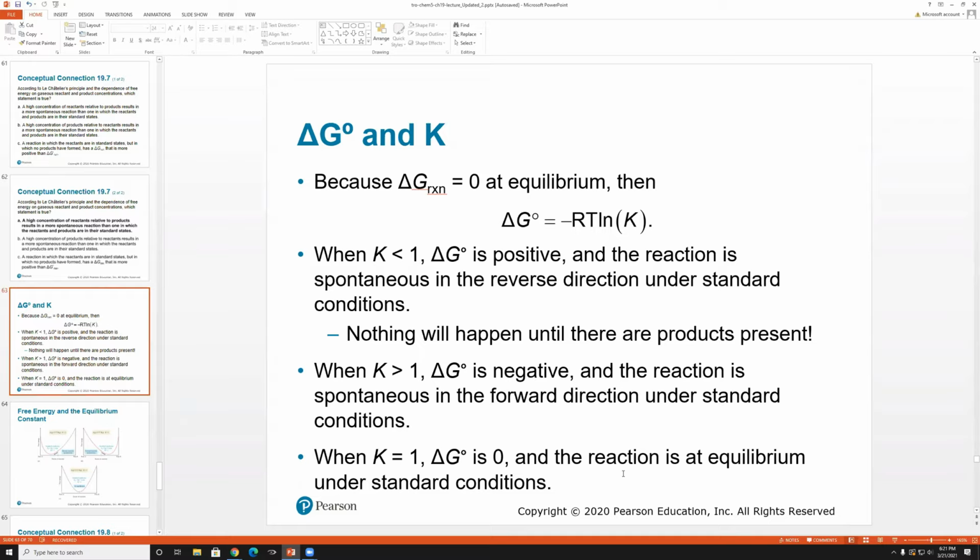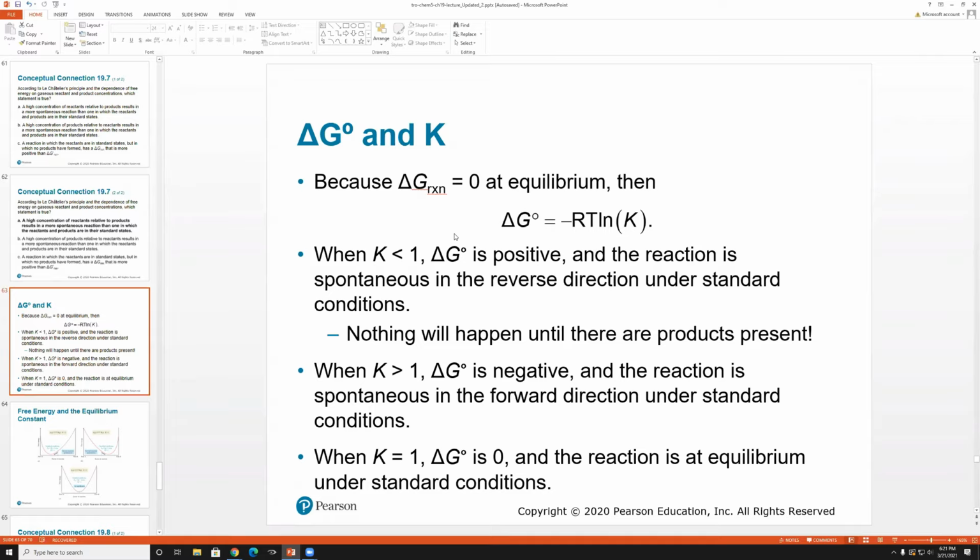So if delta G equals 0 at equilibrium, then we could say the delta G of formation equals negative RT natural log of K, because K is the equilibrium constant. If K is less than 1, meaning the reactants are more favored, delta G is positive, and the reaction is spontaneous in the reverse direction.